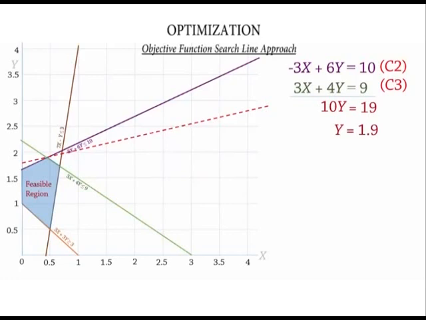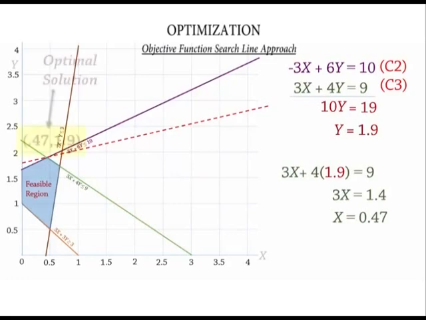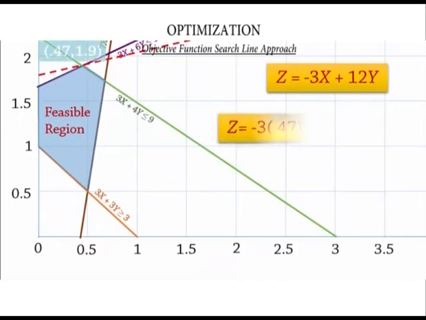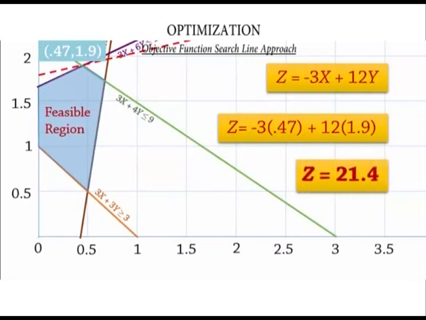Substituting that in 3, we have 3x plus 4 times 1.9 is equal to 9. 3x is equal to 1.4 and x is equal to 0.47. So the optimal solution is x is equal to 0.47, y is equal to 1.9. Substituting that in the objective function gives us 21.4.